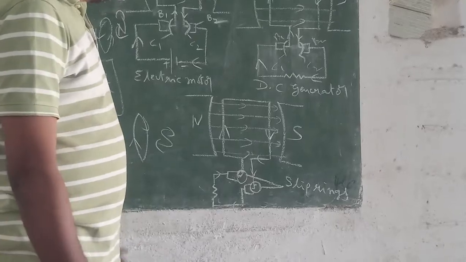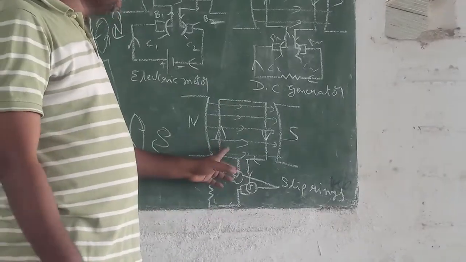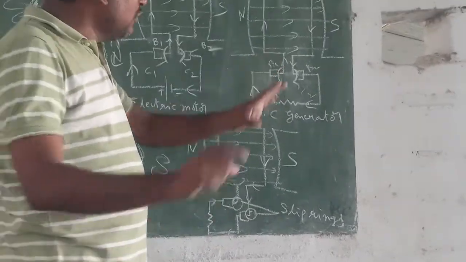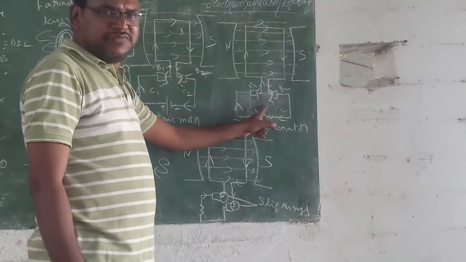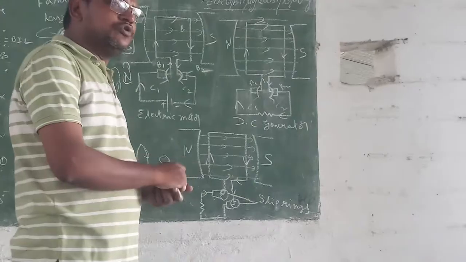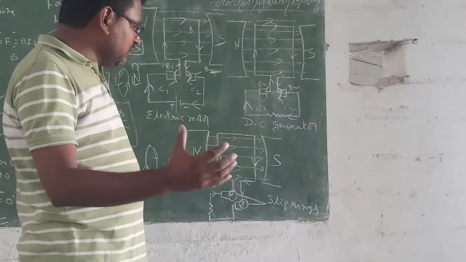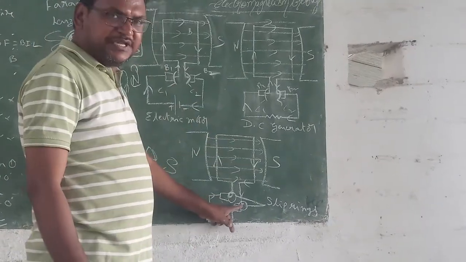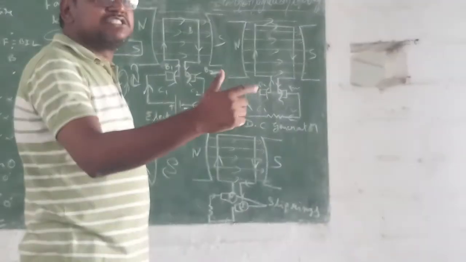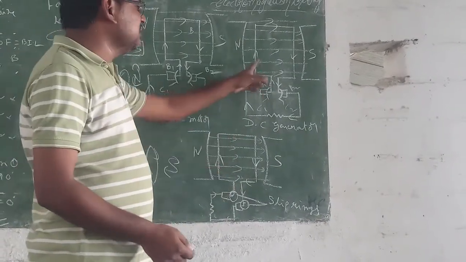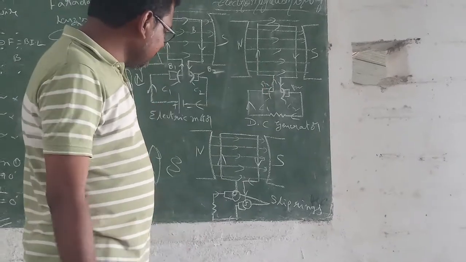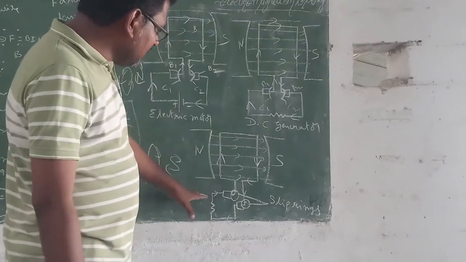That means we can convert an AC generator into a DC generator by using a commutator, that means two half slip rings C1 and C2. If we use two half slip rings C1 and C2 in the place of two full slip rings, then the AC generator converts into a DC generator.